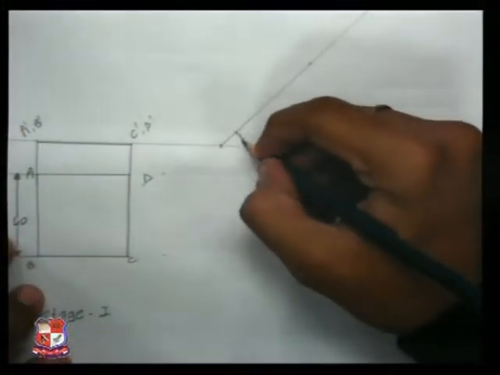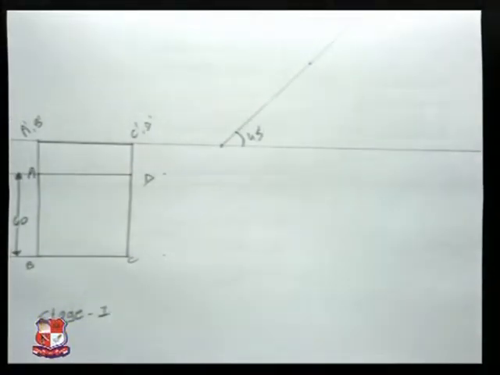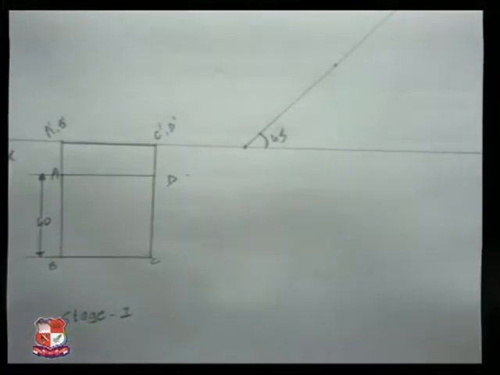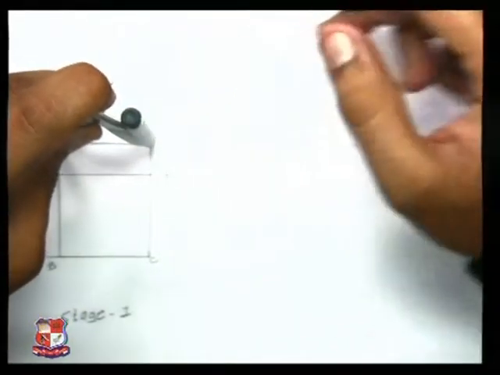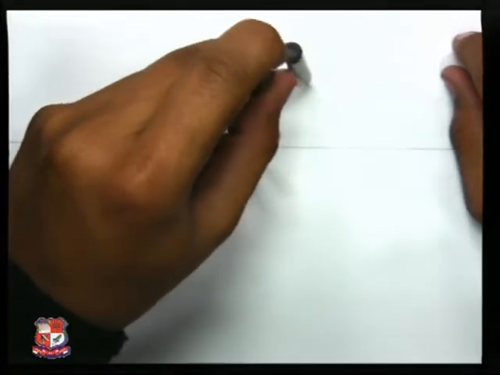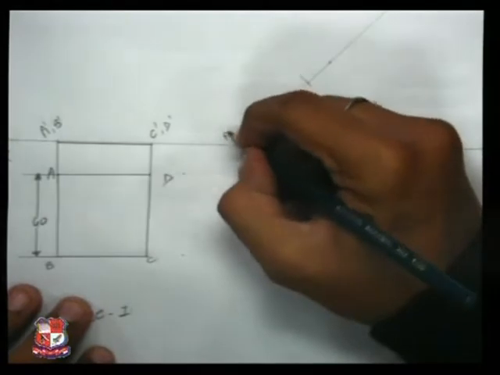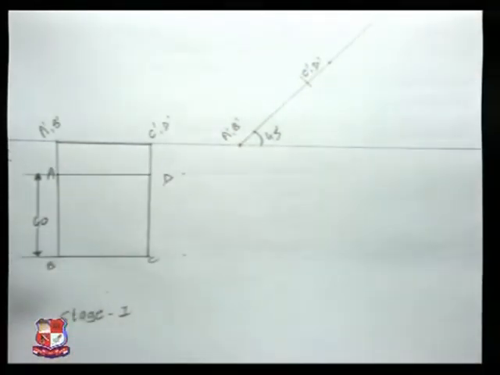The line is at 45 degrees. Radius as A dash B dash to C dash D dash. Name as A dash B dash to C dash D dash.